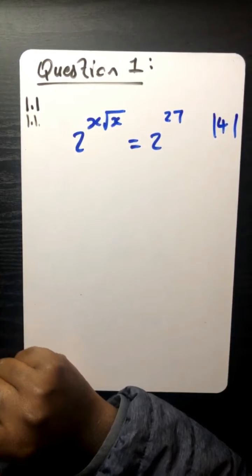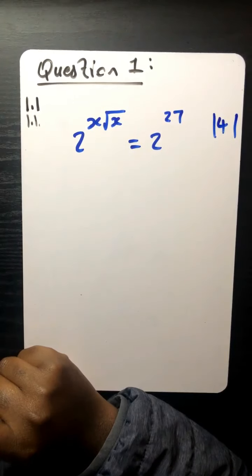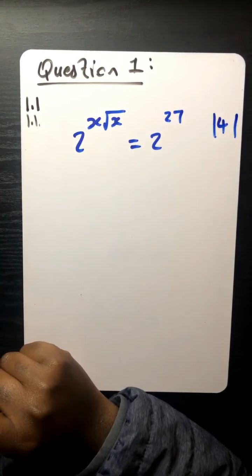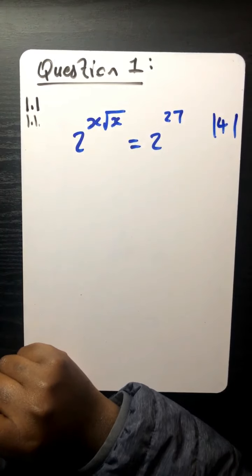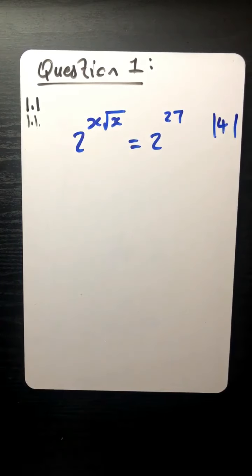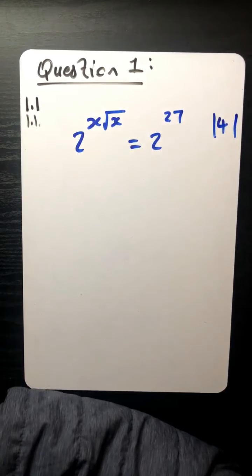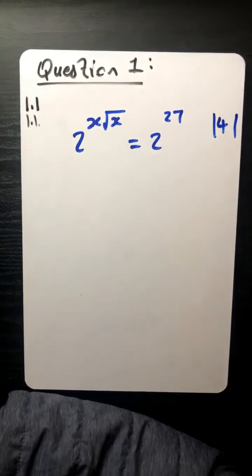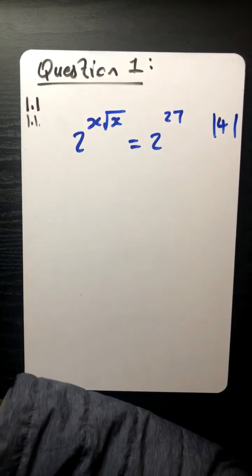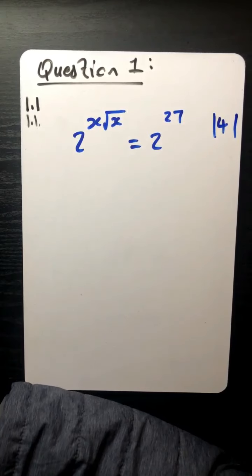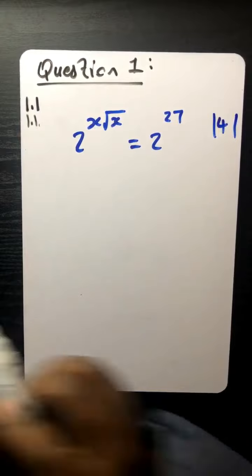Okay, so remember, guys, always when I notice a variable being in the position of an exponent, I know I need to apply the laws of exponents. Mr. Sibanda told you the laws of exponents recently. He did a lesson teaching you the laws of exponents. So it's not only about understanding the application of the laws of exponents, but how do you see that you now need to apply them?